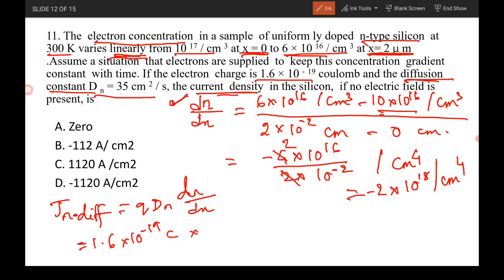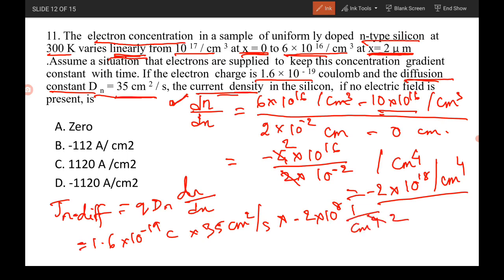What is the value of Dn? 35 centimeter square per second, times dn by dx, whose value is minus 2 into 10 to the power 18 per centimeter to the power 4. So here your centimeter to the power 4 gets cancelled with centimeter square.